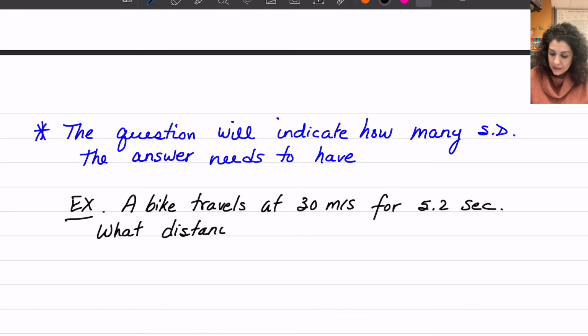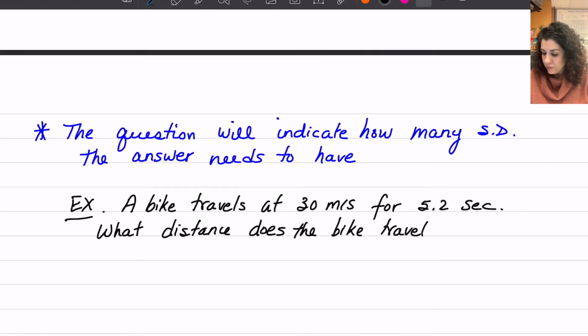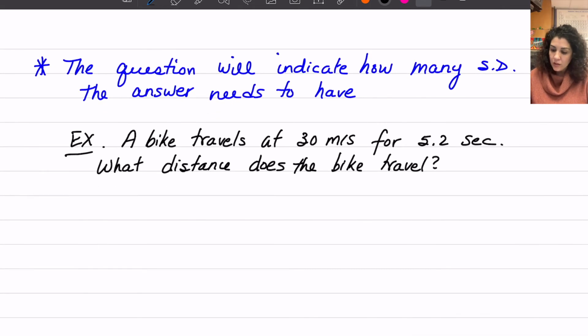What distance does the bike travel? Okay. And so here, when I look at my question, I see that I have 2 significant digits there, 2 significant digits there, and therefore my answer needs to be the 2 significant digits.